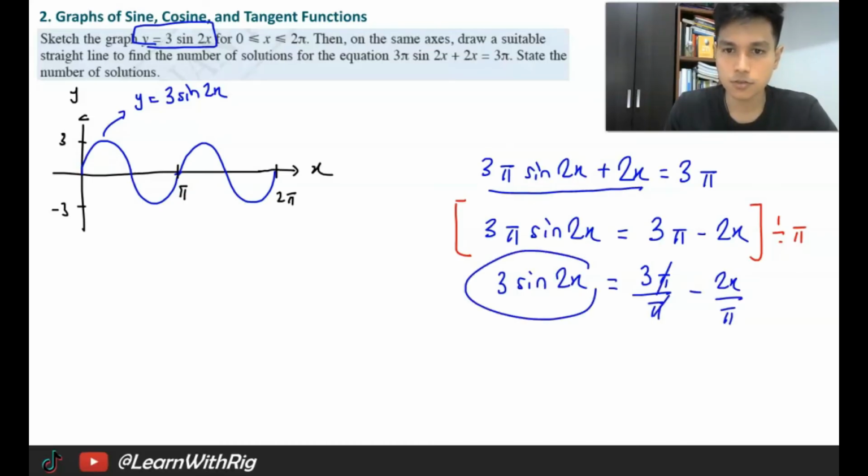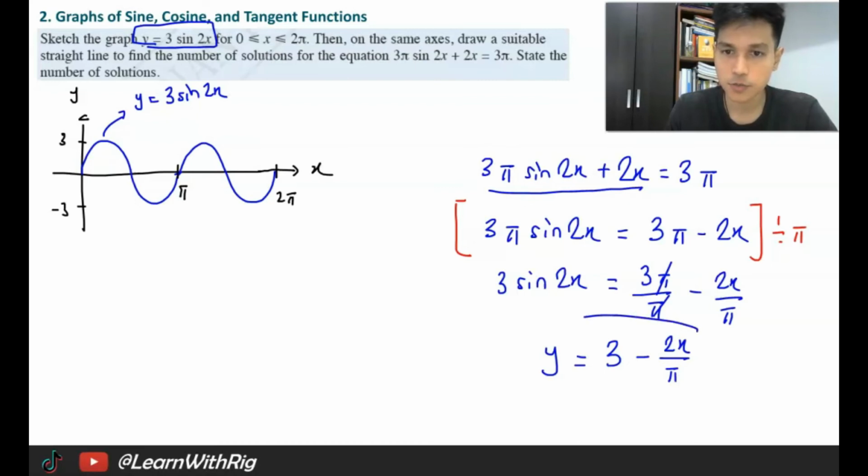So 3 sine 2x is equals to y, right? 3 sine 2x equals to y. So that means y is equals to 3 minus 2x over pi. Okay, so this is your new equation, the second equation that you're going to use to sketch your graph together with this graph.